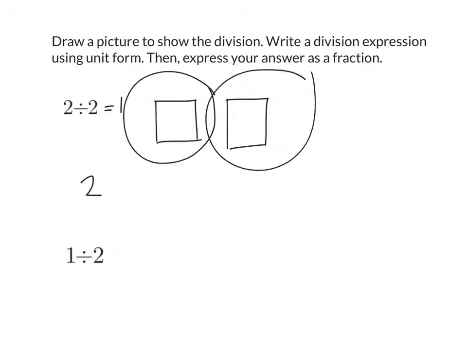But let's write it now in unit form. This is the part that we need to really learn because this is the new part for us. First draw a picture to show the division. Then it says write a division expression using unit form. So when we began, we had 2, what were the units? 2 ones, right? And we wanted to split it into 2 groups.